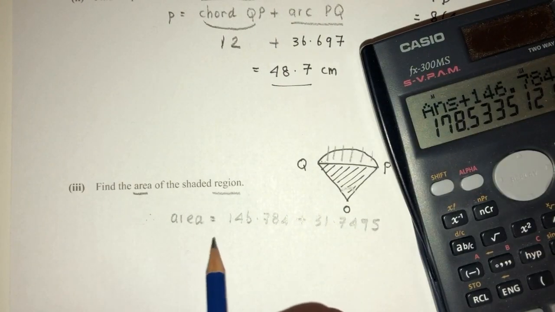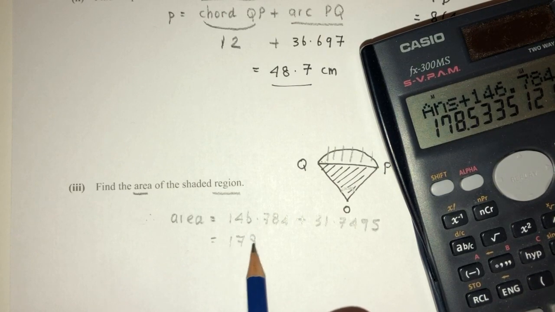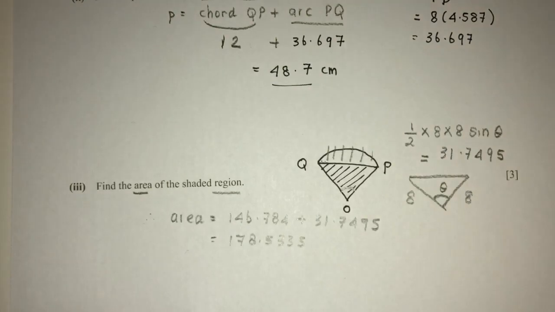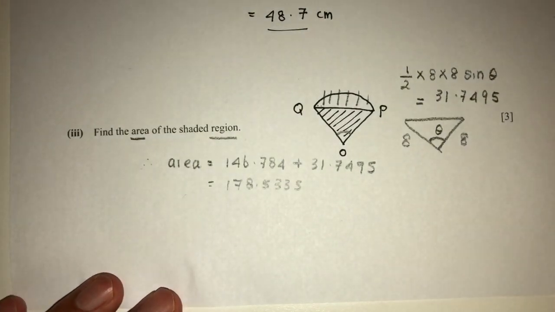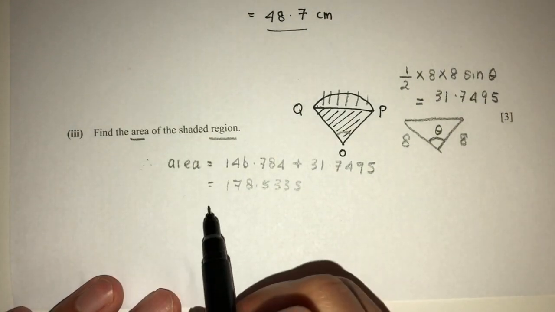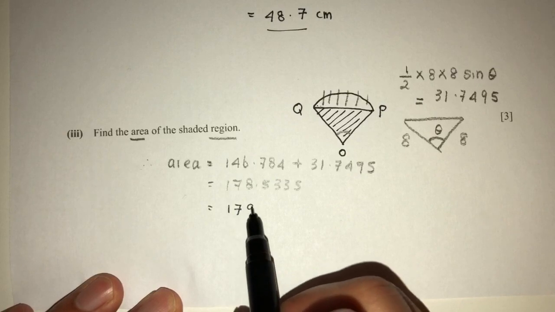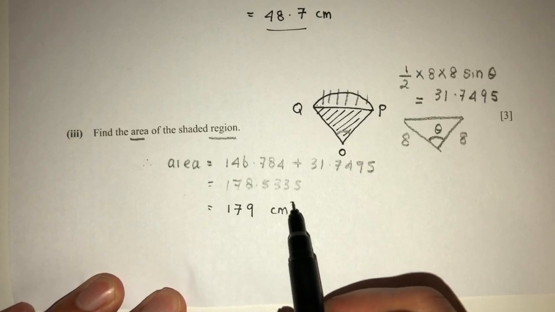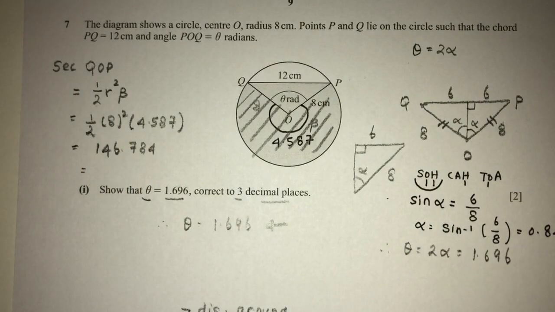That will be 178.5335. Now your answer will be correct to 3 SF usually. So that will be 179 centimeter square. That will be your question number 7.